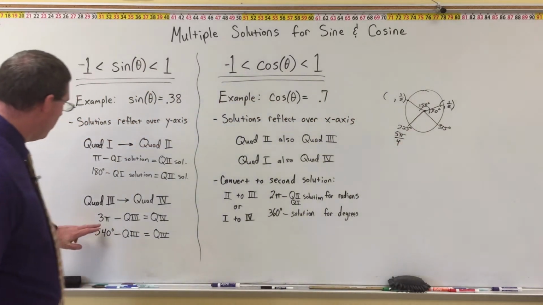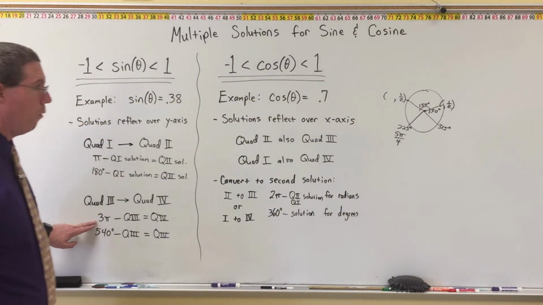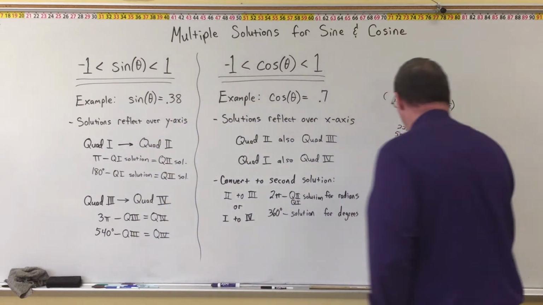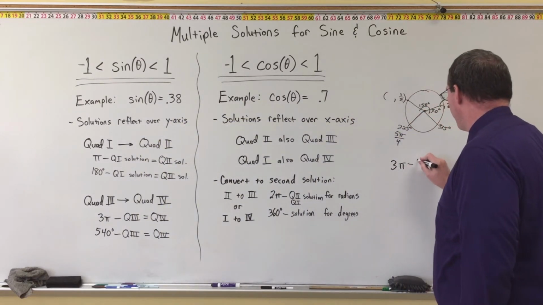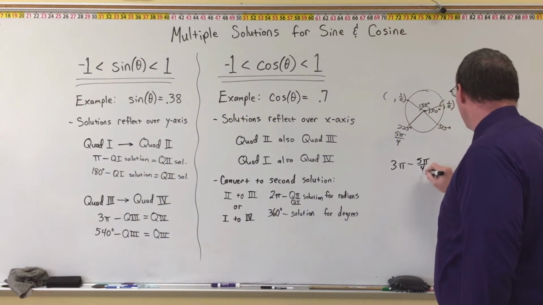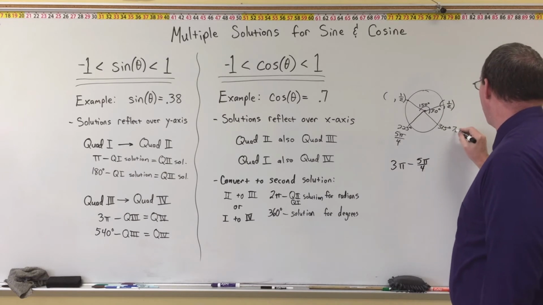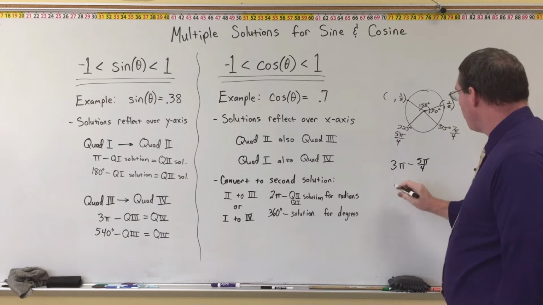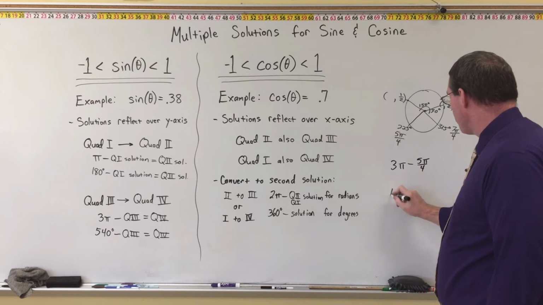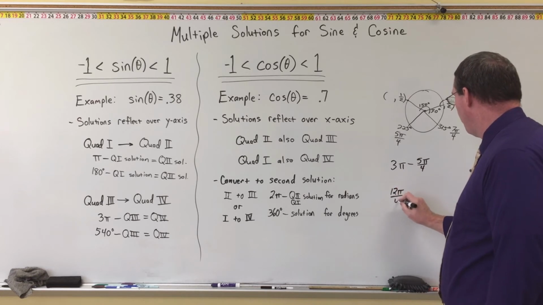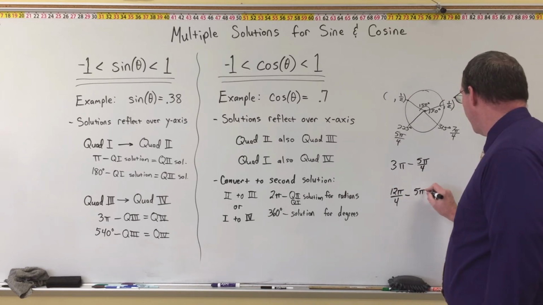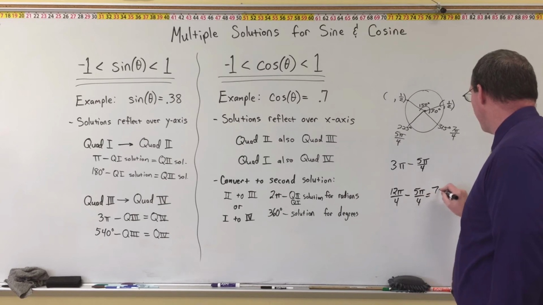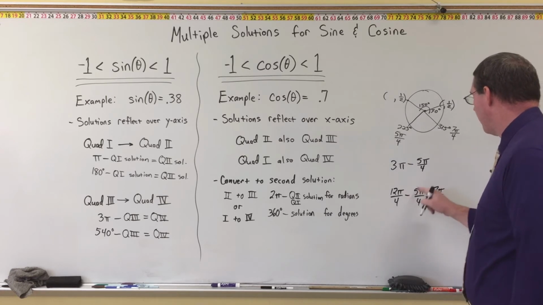So if we were to do 3 pi minus 5 pi over 4, we know the solution over here is 7 pi over 4. Well, 3 pi is the same thing as 12 pi over 4, minus 5 pi over 4 gives us 7 pi over 4, because 12 minus 5 is 7.